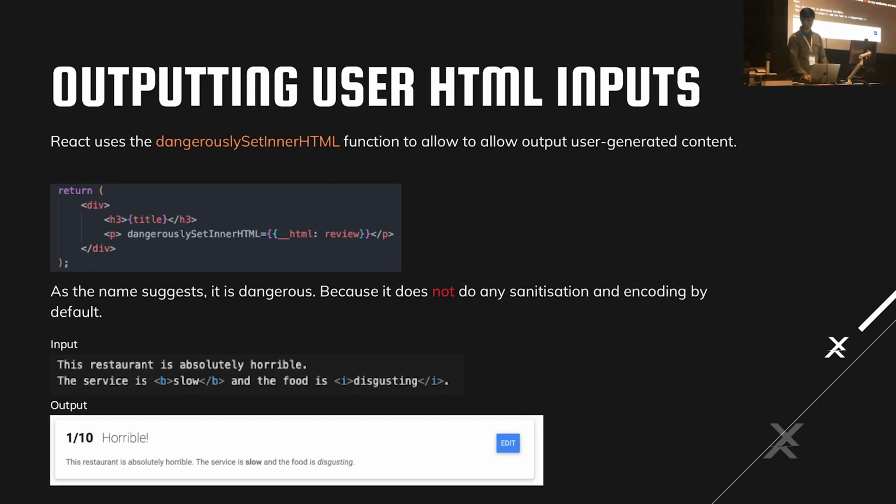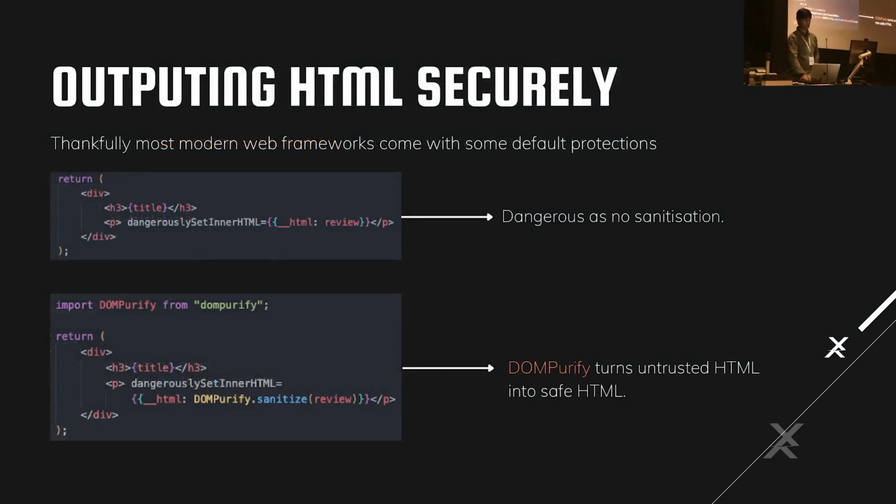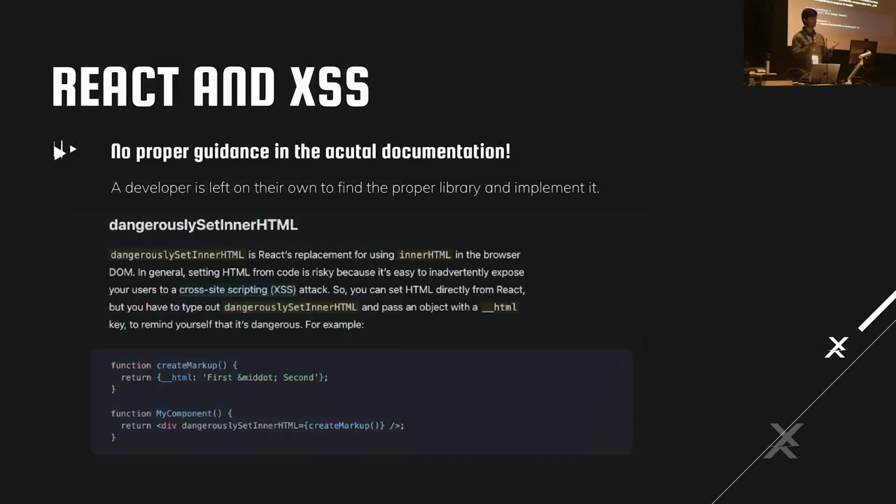That's why we rely on third-party libraries like DOMPurify to sanitize that HTML and properly make that insecure HTML into a safe one. All fine and dandy. But the problem why dangerouslySetInnerHTML is a pretty big issue is actually the guidance that is provided. If you quickly Google how to do dynamic HTML content generation, this is not something I've written.